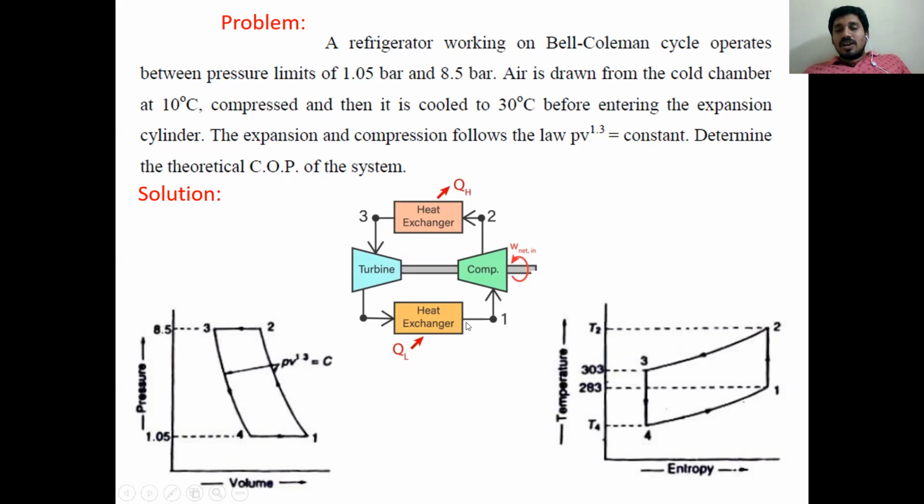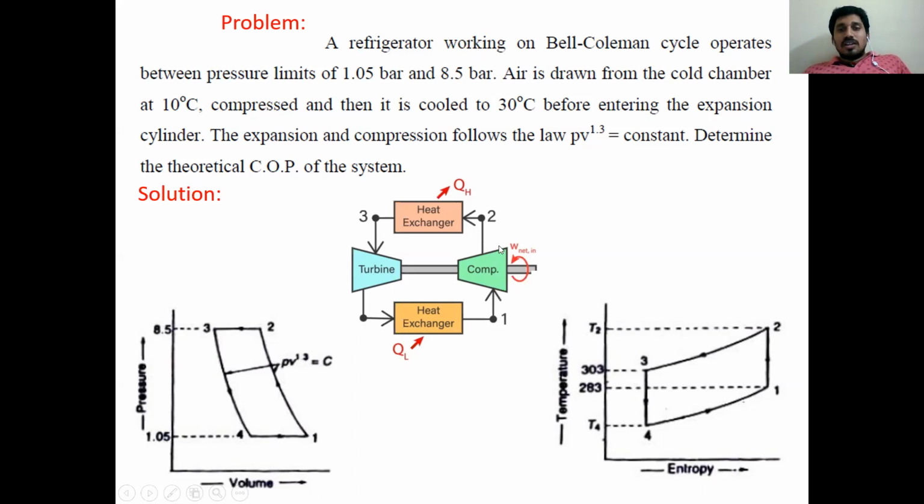After that, after the heat exchanger, the temperature of the air will be increased because some amount of heat has been absorbed from the cooled space. So the temperature observed from the problem is 10 degrees Celsius. At section 1, the value is 10 degrees Celsius before entering the compressor.